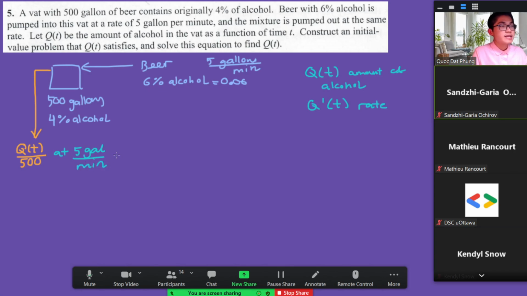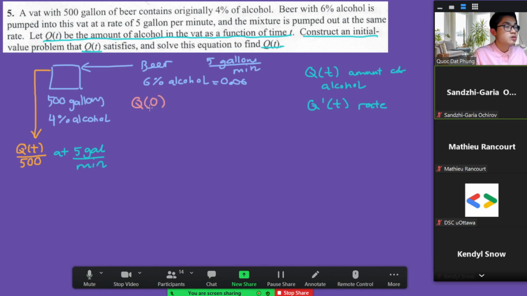And what else do they say? They say let Q(t) be the amount of alcohol in the vat as a function of t. Perfect, we just did that. We have to construct an initial value problem that Q(t) satisfies and solve this equation to find Q(t). There's one more piece of information: what is the amount of alcohol at the start?